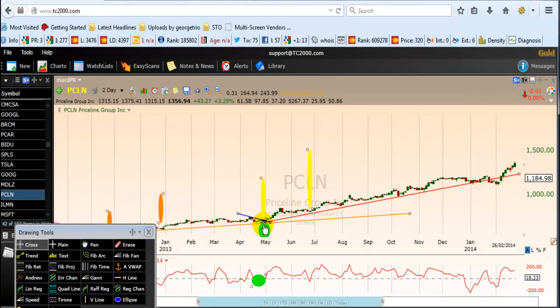Now I will use a top-down trading method to trade this. I will also go to Google Finance to perform the Google Finance Assistant test. Whether I am day trading or swing trading, I want to know the current economy news that is affecting Priceline Group or the financial instrument that I'm trading. The next thing I will also pay attention to is the market leader.